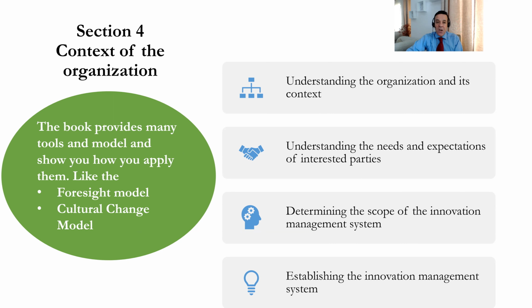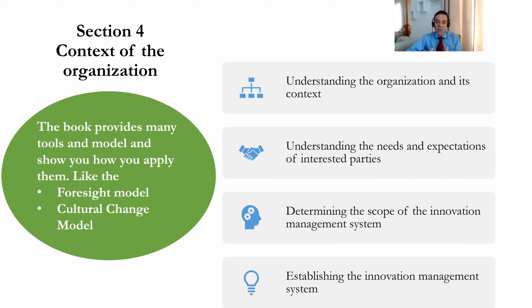One of them is the foresight model, which uses the tool of the STEEPLE model, in which you analyze the social, economic, environment, political, and technology implications and impact. Another model we used also is the model developed by James Harrington, which talks about the cultural change model.